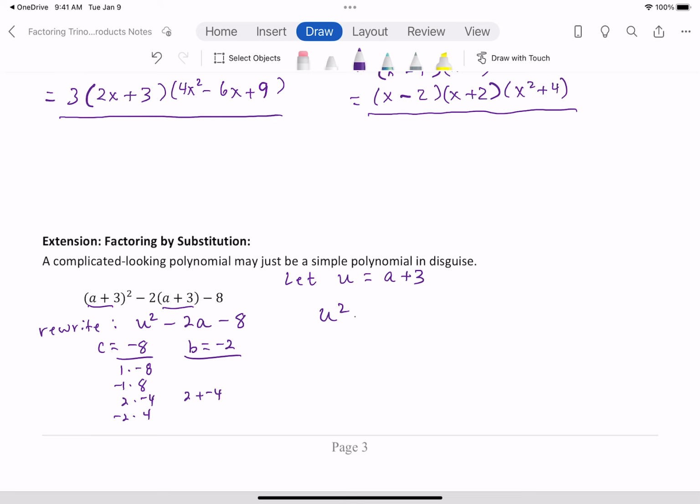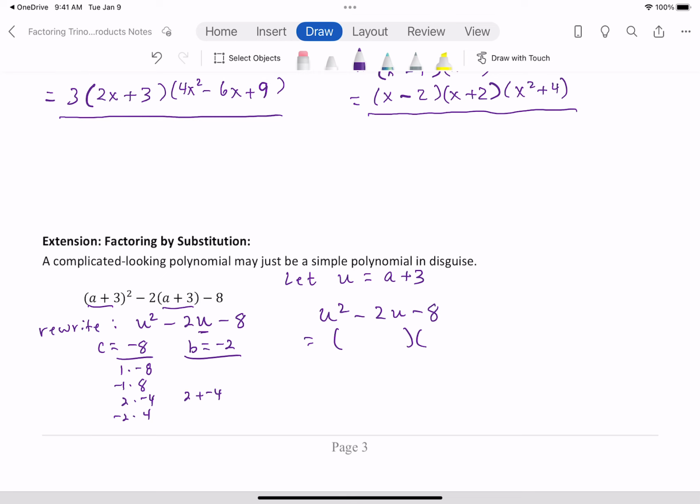So if I have u squared minus 2u, y'all be careful and don't let me do stuff like that. That was supposed to be a u. Go back and change that in your notes. That's u squared minus 2u minus 8, sorry. So we've got u squared minus 2u minus 8.